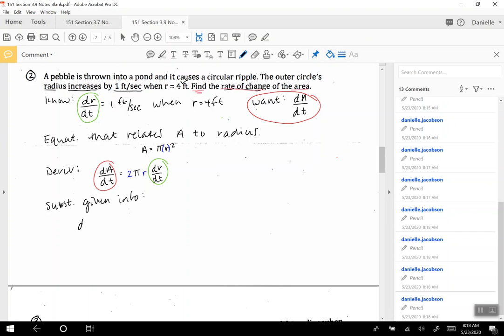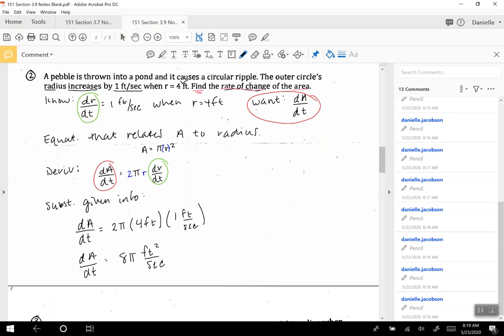So I have dA dt being equal to 2 times pi times my r, which is 4 feet, and dr dt, which is given as 1 foot per second. Right, so that's equivalent to, let's see, 2 times 4 times 1 is 8, so we have dA dt equals 8 pi feet squared per second.